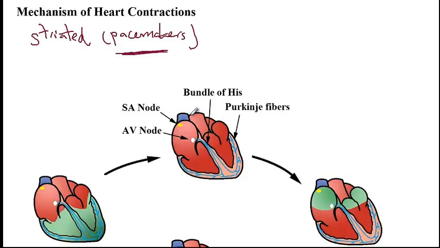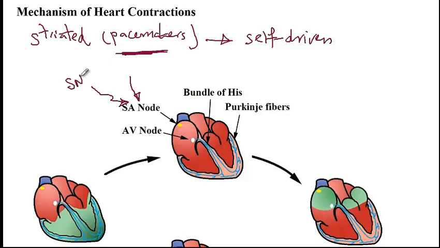So if you cut all connections to the heart, since heart contains its own pacemakers, it will continue to beat. And so it's because of the function of the pacemakers. So therefore, cardiac contractions are self-driven.